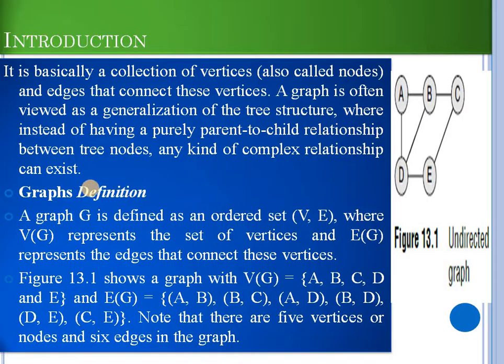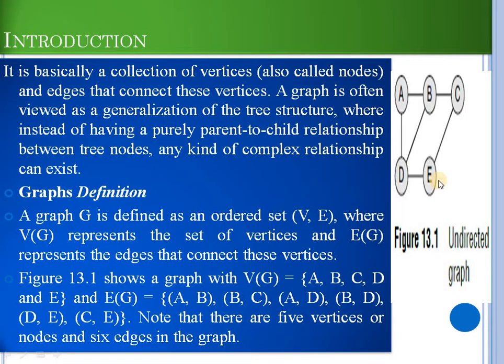Now see the definition. Here graph G is defined as an ordered set of V and E. V is a set of vertices and E is a set of edges, where V of G represents the set of vertices and E of G represents the edges that connect these vertices.